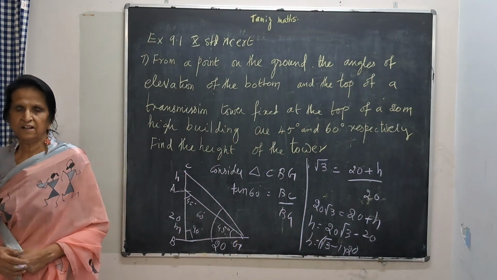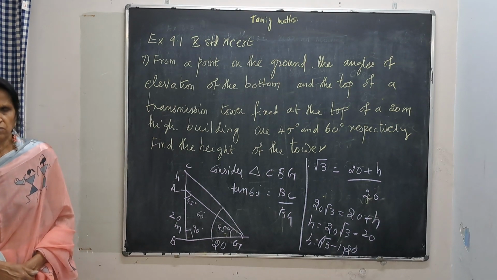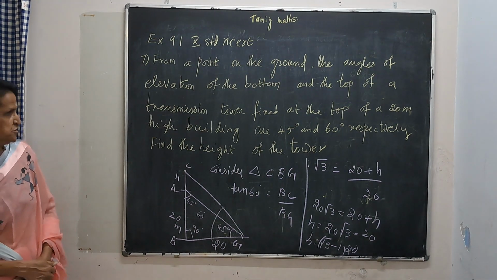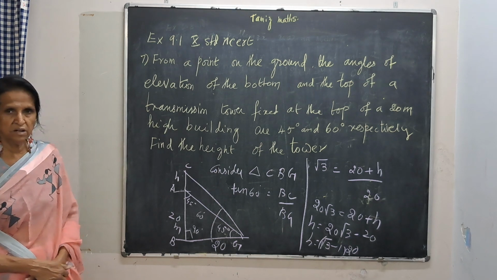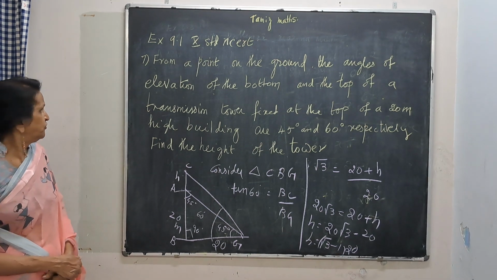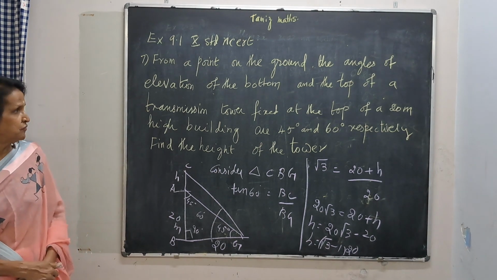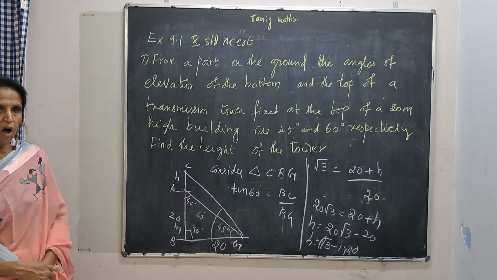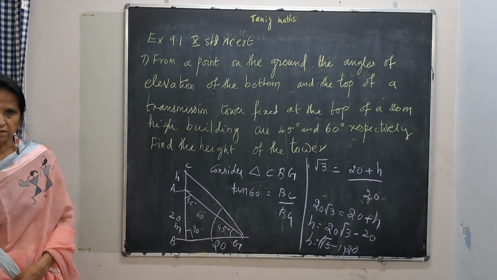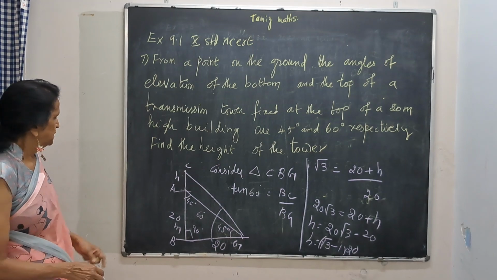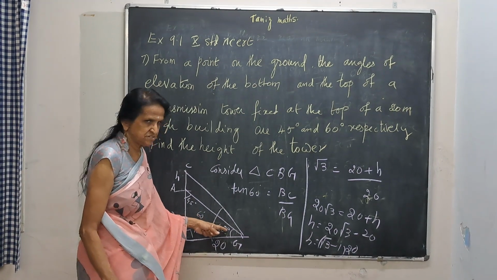So again I explain the question to you. From a point on the ground, the angle of elevation of the bottom and top of a transmission tower is 45 and 60.